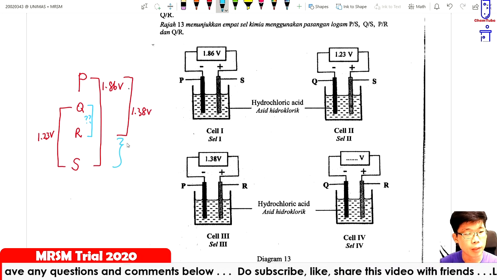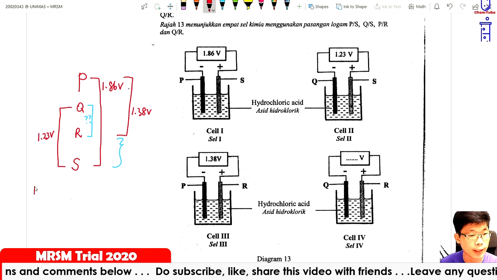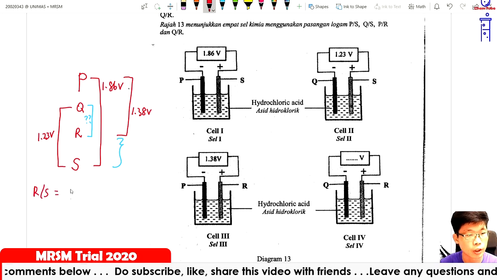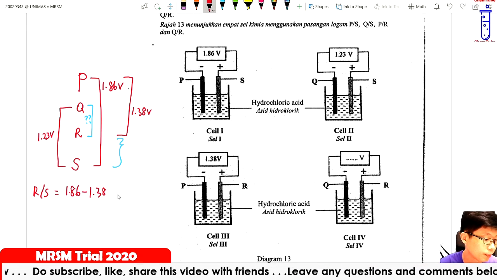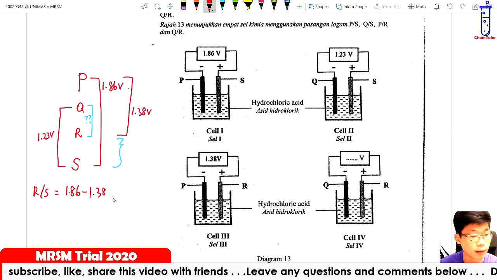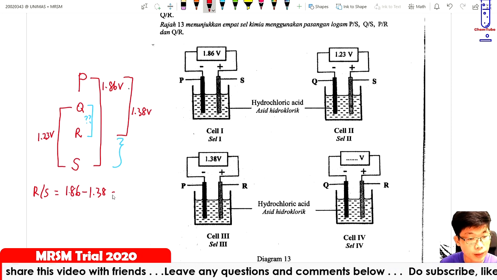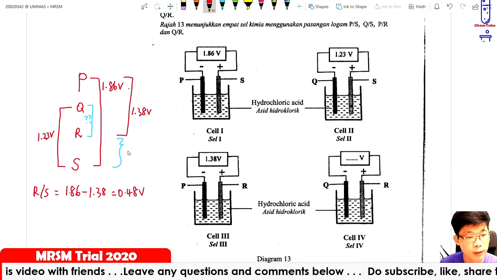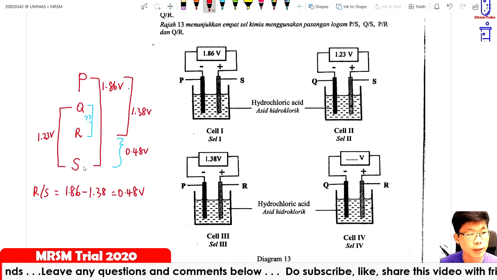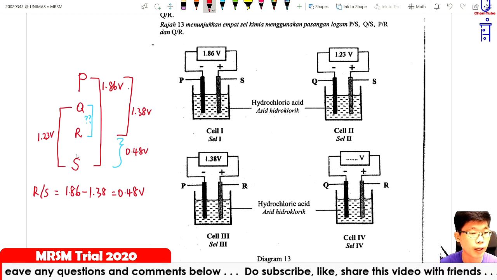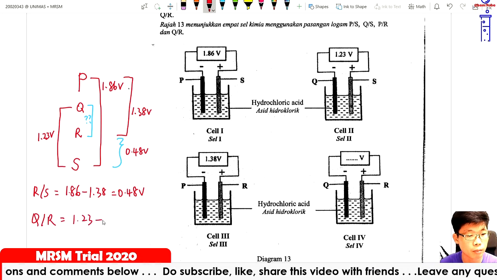For R and S, it is 1.86 minus 1.38, which is around 0.48 volt. So here we know it is 0.48. So for QR, it is 1.23 minus 0.48.